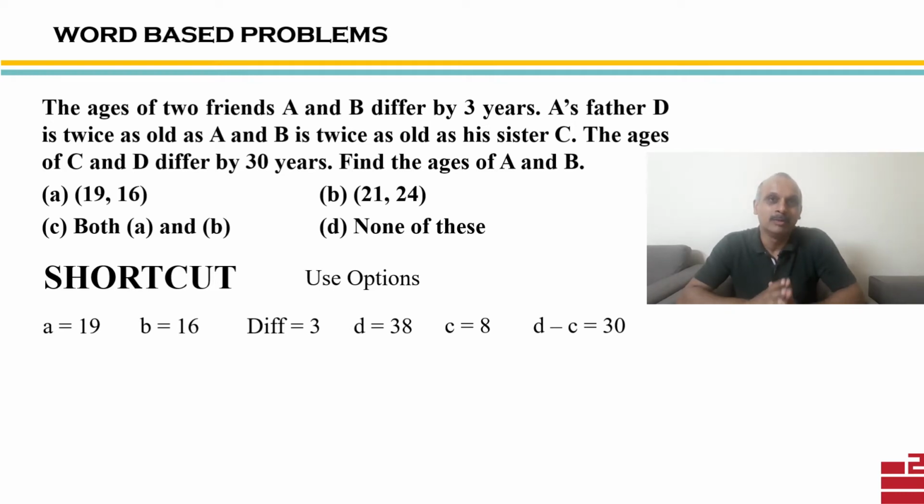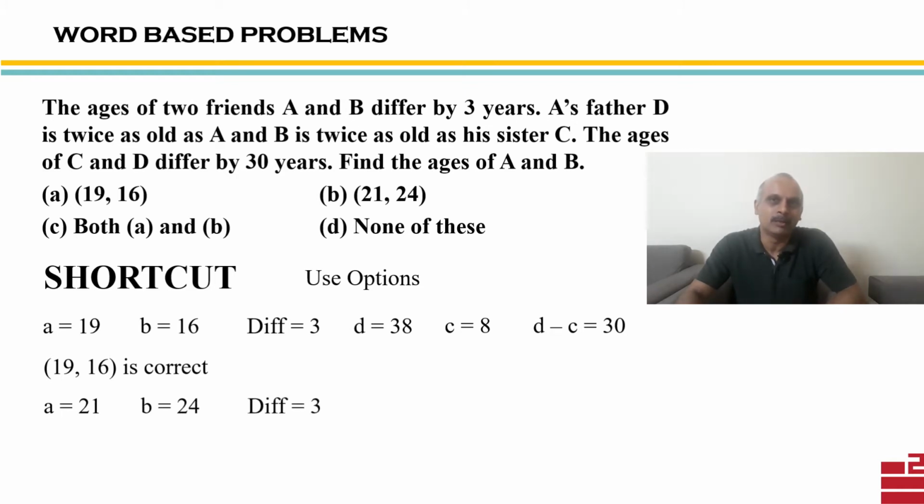But don't mark A option, because we have yet to check B option. Why should I check B option? Because of C option, that both A and B. Maybe A is true but also B is true, and if that were the case, then the correct option will be C option. So now let's check with the second option, where A is 21 and B is 24.